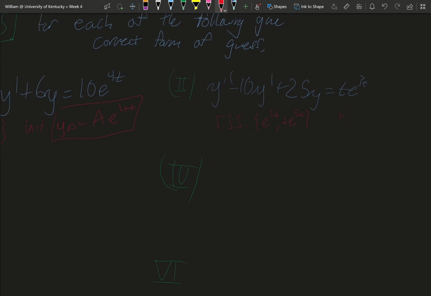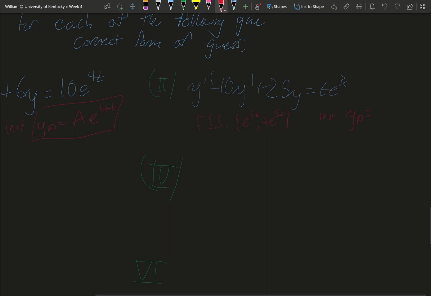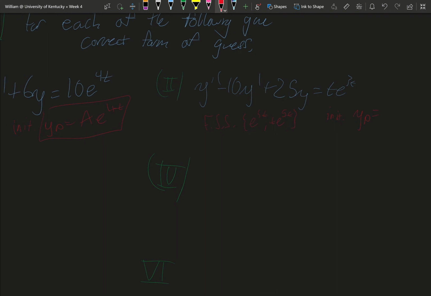Our initial guess is yp. Note we have a t here, and there's not actually going to be a problem. This isn't going to be a solution. So we have t a e to the 3t and then plus b e to the 3t. And that should work out for us.